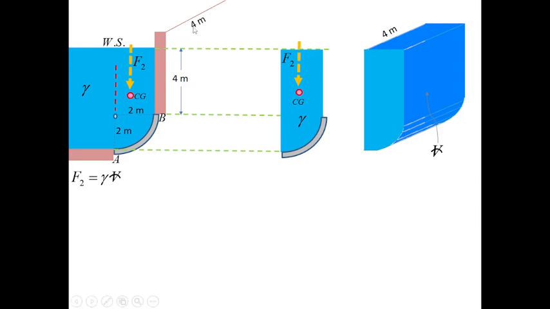Take note, this is the length perpendicular to the sketch, the third dimension length, 4 meters. So, there is water there with a length of 4 meters. That is enough.